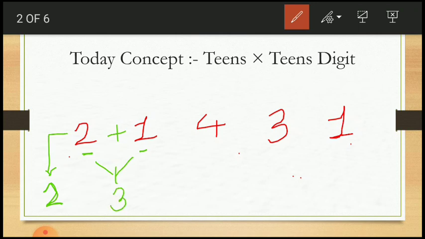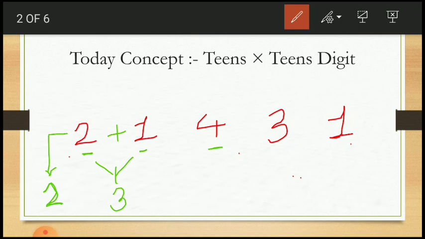Now we are at the digit 4. Before 4 there are 2 digits. You require only 2 digits, not more. Whenever more than 2 digits are given, you have to cut the last digit.